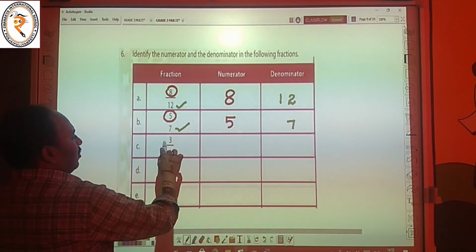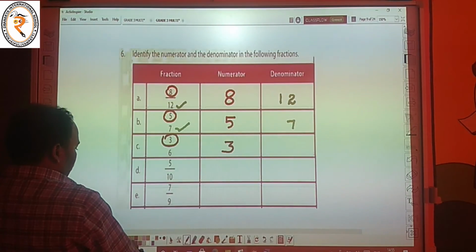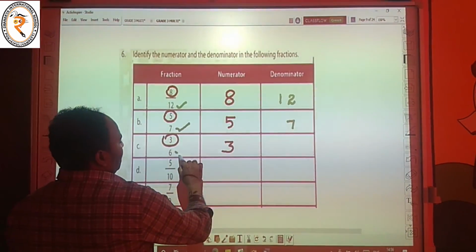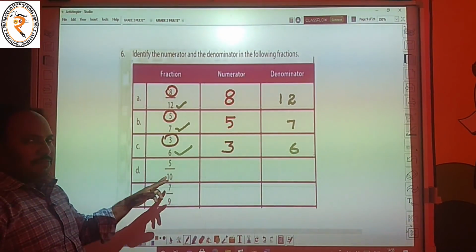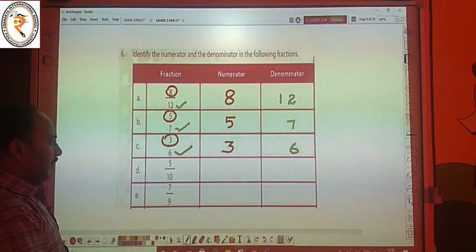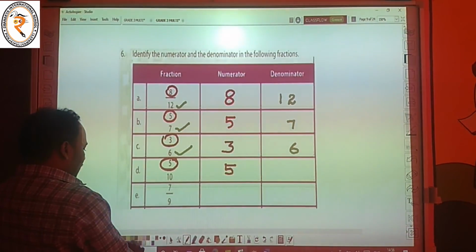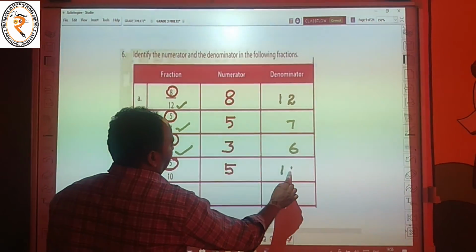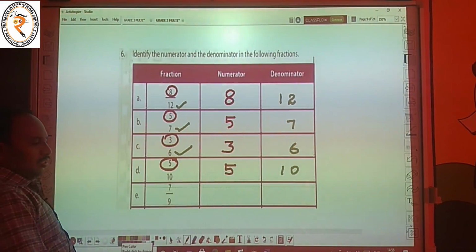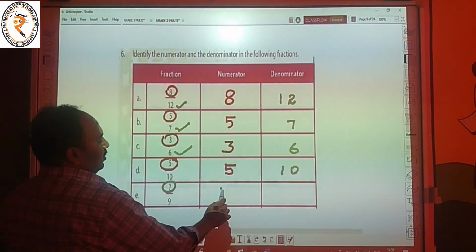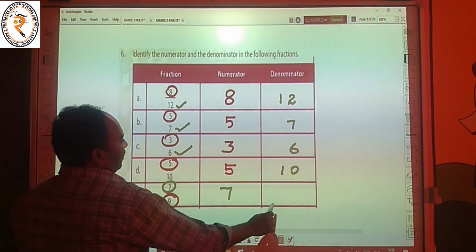Then C part, 3 is the numerator and 6 is the denominator. Then D, 5 by 10. Here 5 is the numerator and 10 is the denominator. The last one, 7 is the numerator and 9 is the denominator.